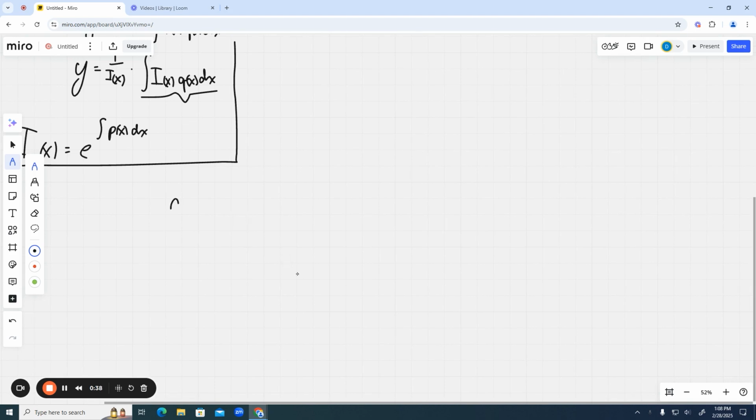Our problem is going to be dy/dx plus 2 over x, y equal to 5x squared, where x is greater than 0.